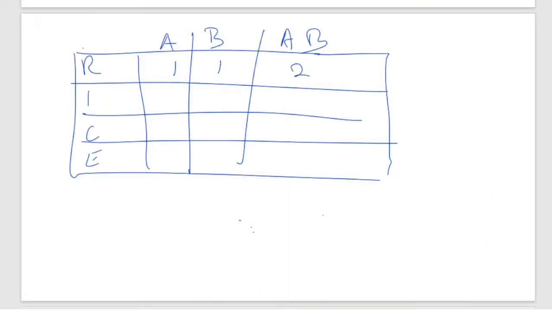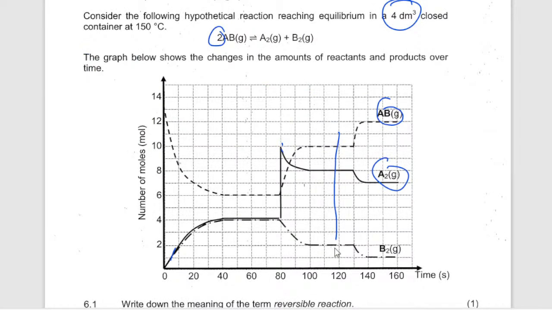Initial concentration you just get from the graph. Here it is 2. Is it 2? Yes.